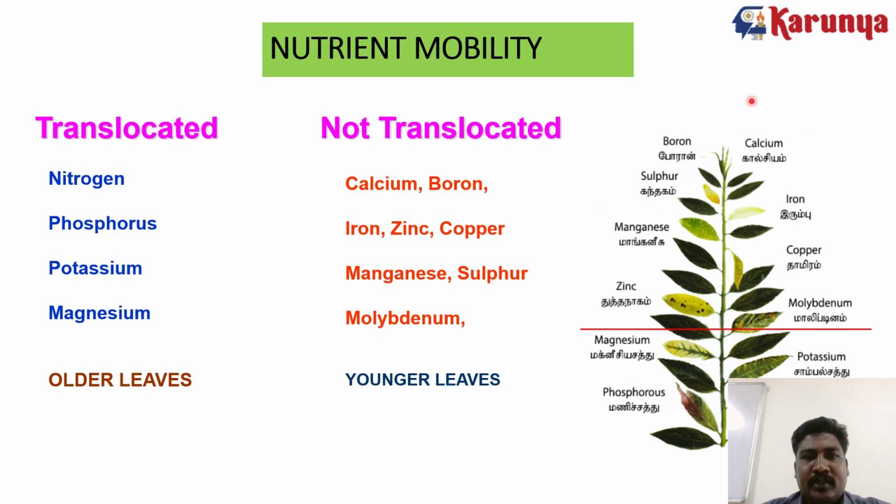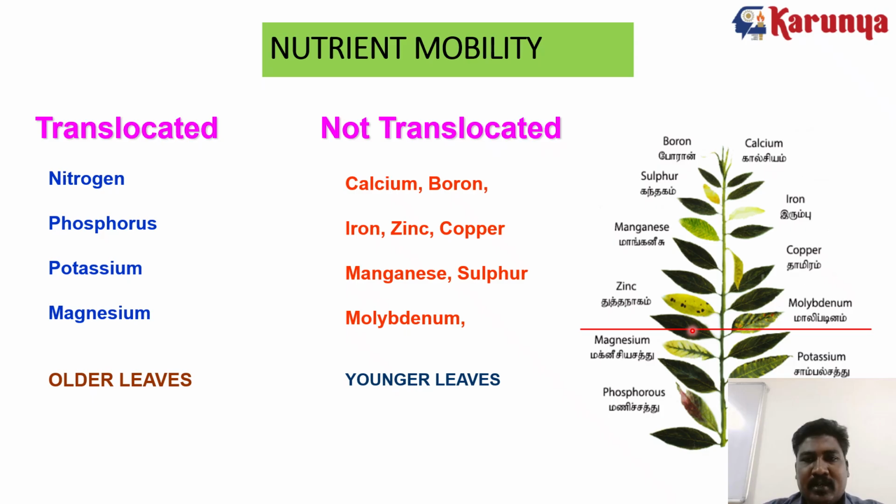So according to the nutrient mobility, the nutrients are classified as translocated and non-translocated. The translocated nutrients are nitrogen, phosphorus, potassium. They are called primary nutrients, and magnesium, that is a secondary nutrient. So mostly those nutrients show deficiency symptoms in the older leaves, meaning the lower part of the plant, which is differentiated by this red color line.